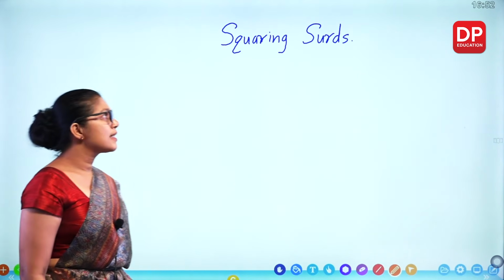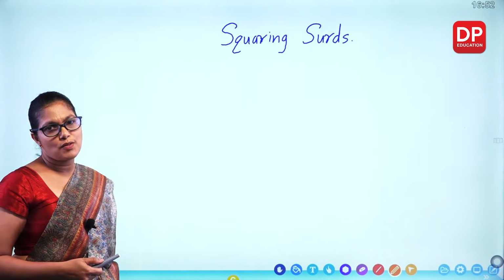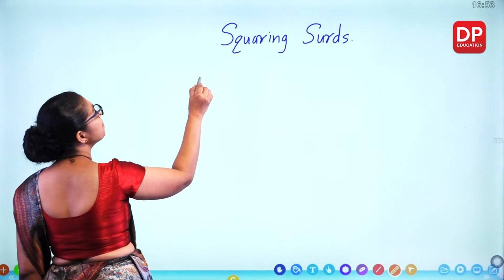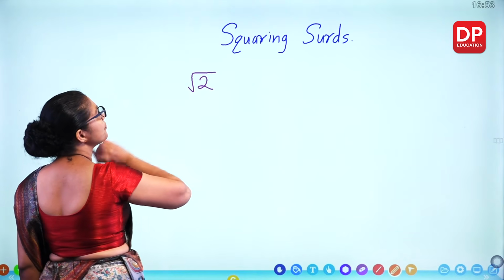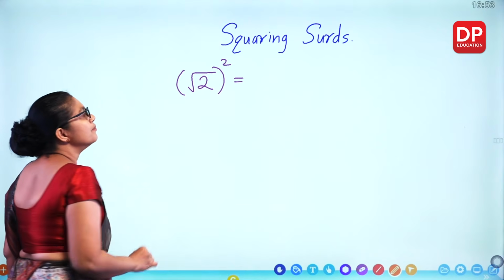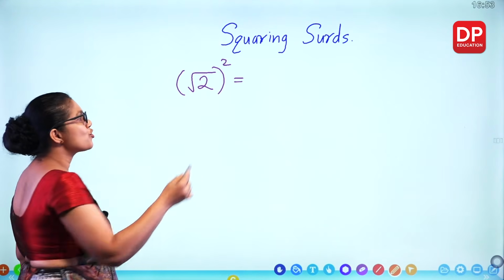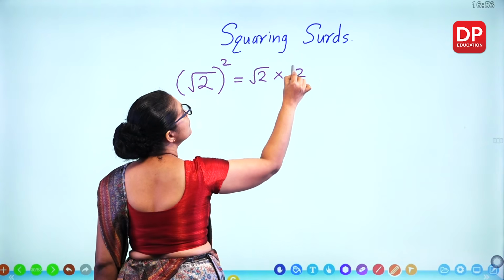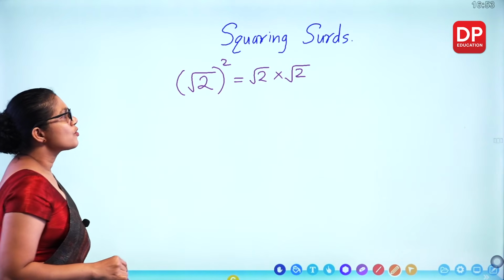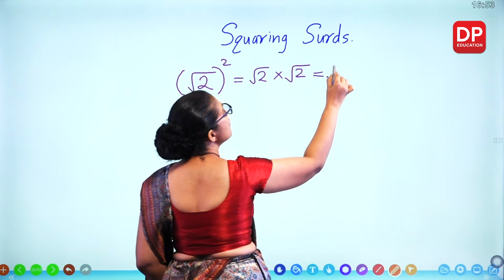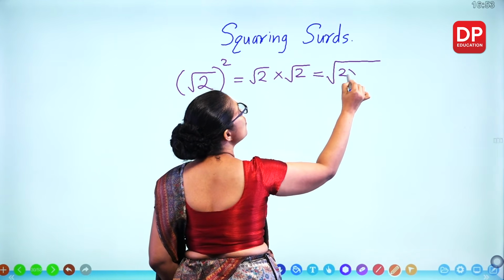Now we'll look at what happens when you square surd values. Now we'll take root 2 and I want to square it. What is root 2 times root 2? Here I can write it as one single radical, 2 times 2.